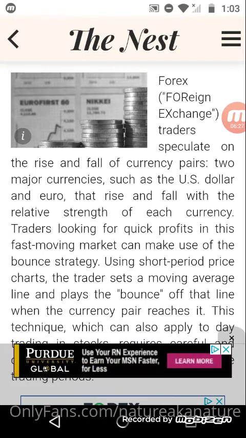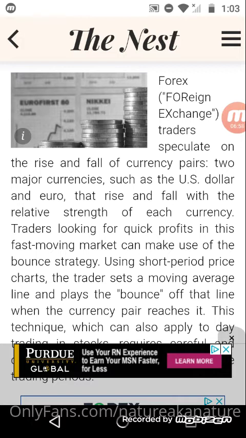So those are two currency pairs, and you trade against the rise and falls of those two major currency pairs. If the U.S. dollar is rising against the euro, then you will buy. And if you feel like the euro is rising against the U.S. dollar, you will sell, and vice versa.